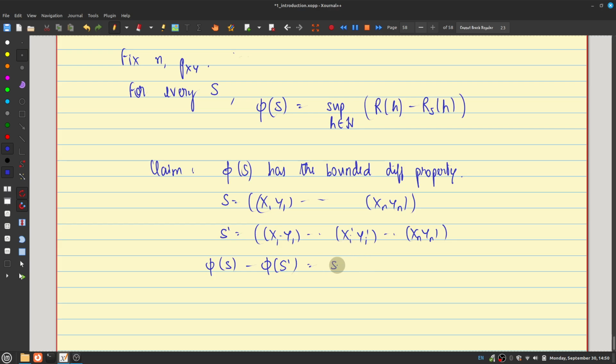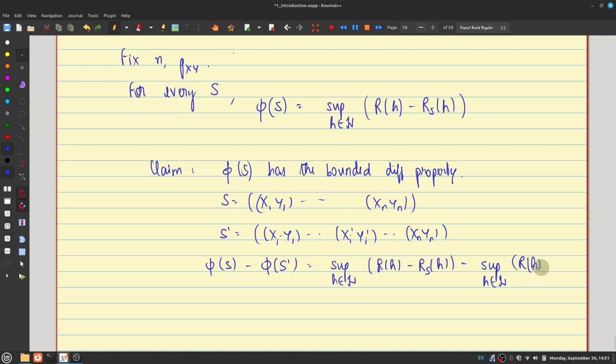This is supremum over all H in H of R of H minus Rs of H, minus supremum over all H in H of R of H minus Rs prime of H. Okay, so the H that achieves the supremum in this could be different from the H that achieves the supremum in this.